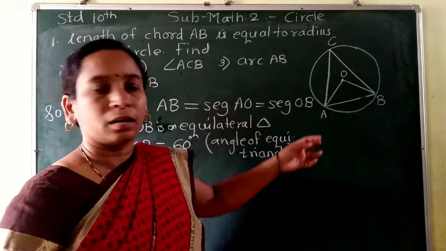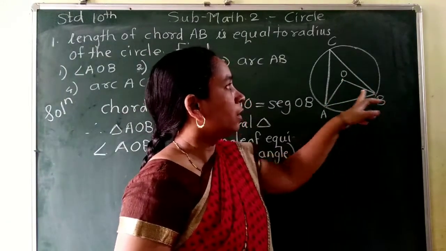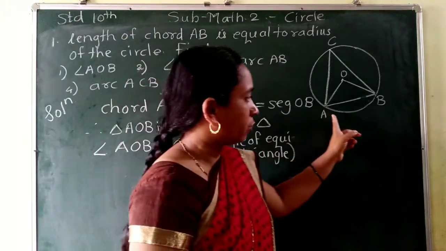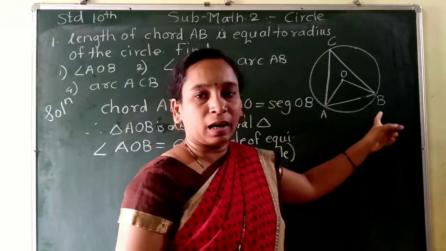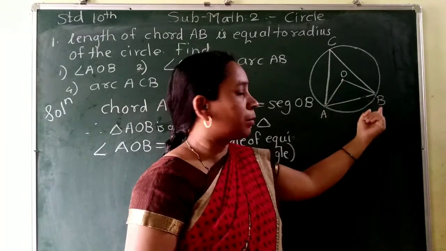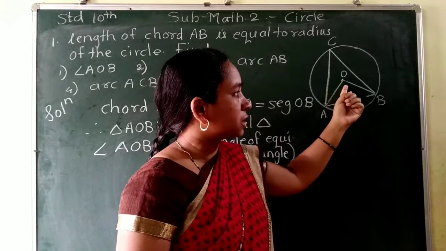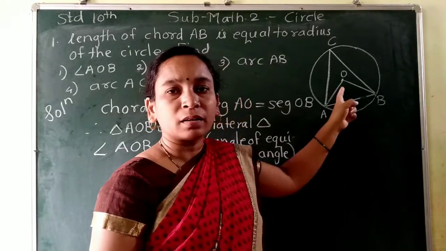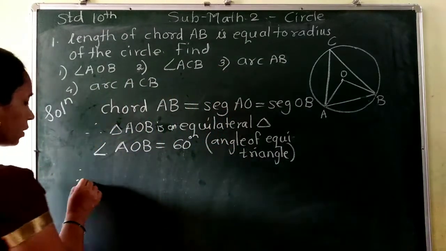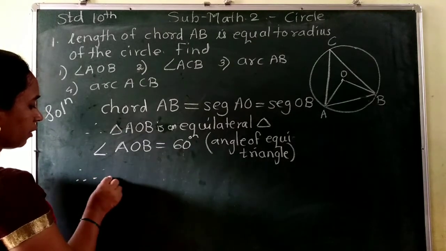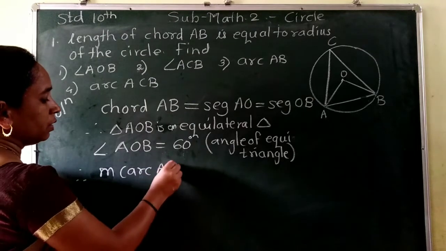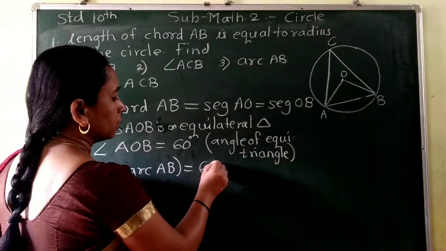Now we have got the angle AOB. Now we have to find out the angle ACB. To find the angle ACB, first we have to find the arc AB. So what is the relation of angle AOB and arc AB? This is a central angle and this is an intercepted arc. The central angle is always equal to the intercepted arc. So here angle AOB is 60 degrees. Therefore the measurement of arc AB is also 60 degrees.